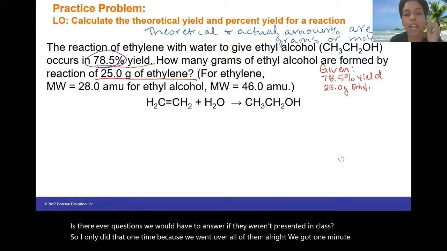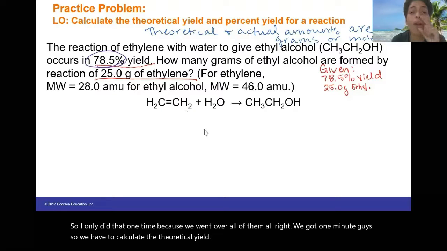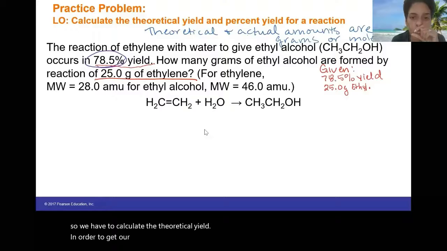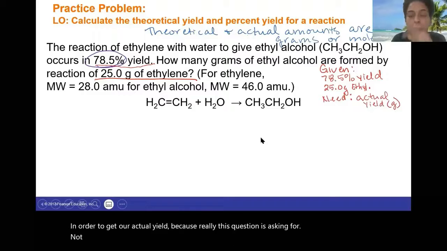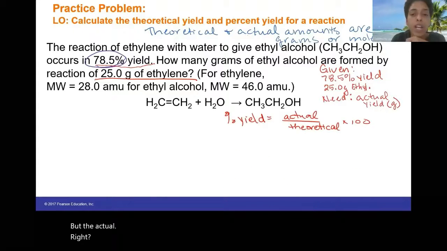So we have to calculate the theoretical yield in order to get our actual yield, because really this question is asking for not the theoretical, but the actual, right? But given our equation, remember we have percent is equal to actual over theoretical.